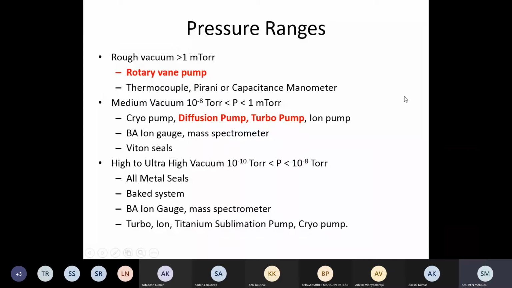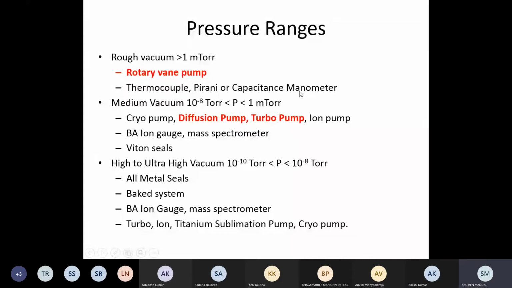If you make the vacuum, that is not sufficient, you have to measure what your vacuum level is. That's why the gauge is also important in a vacuum system. Here thermocouple, Pirani, capacitance manometer are different gauges that can tell you the vacuum.